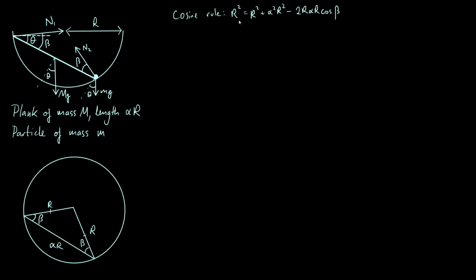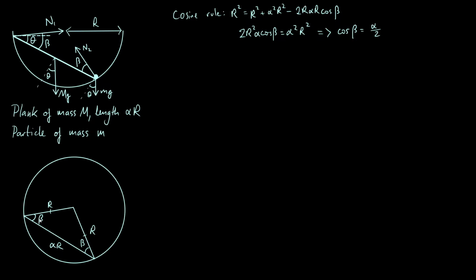The r squareds cancel from both sides, and we get 2 r squared alpha cos beta is equal to alpha squared r squared. Then we can divide by alpha r squared on both sides and end up with cos beta is alpha divided by 2.